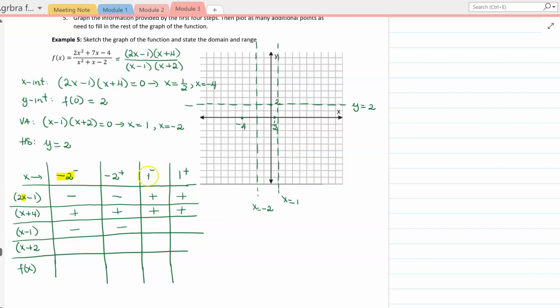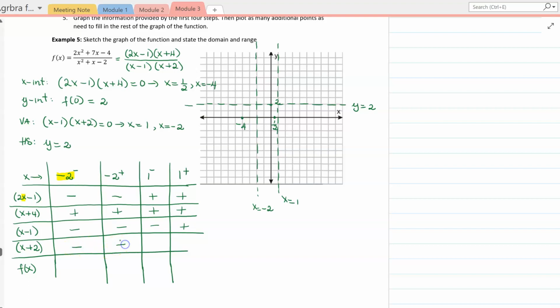Now this is the tricky part. When x approaches 1 from the left, it is a little less than 1. So a little less than 1 minus 1 makes negative. But when it approaches 1 from the right side, it's a little bigger than 1. When x approaches negative 2 from the left, then x plus 2 is going to be negative.